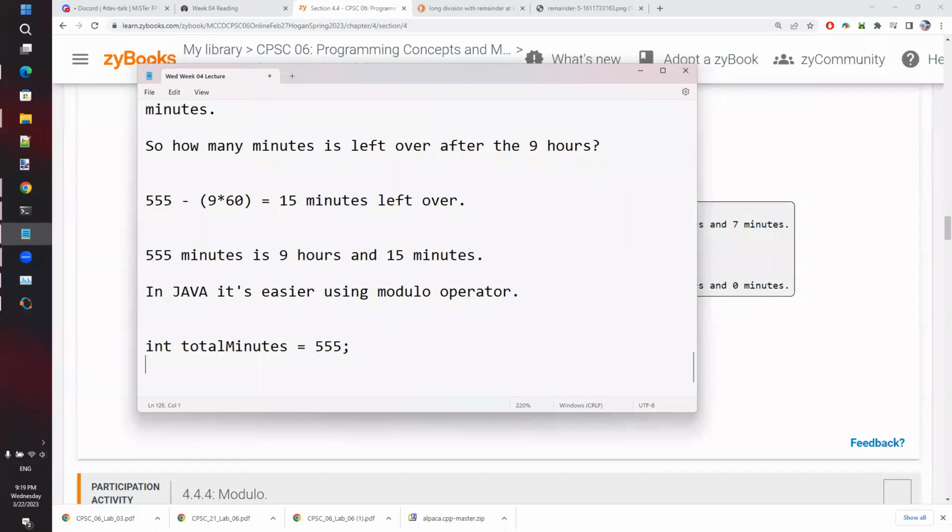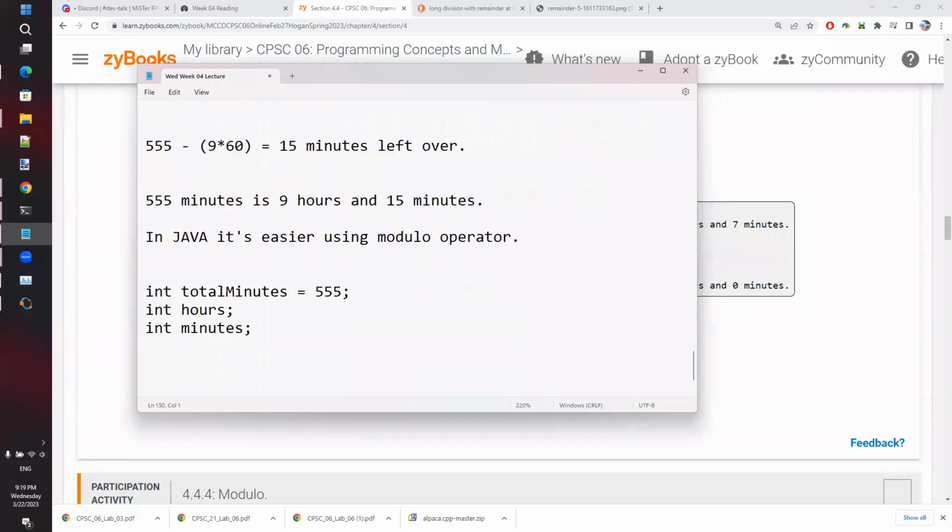Now, what I'm going to do is simply this. Let me just make two variables. I'm just going to call it hours and another one, I'm just going to call it minutes. Okay. So if I want to get this same answer, 9 hours and 15 minutes, here are the calculations I would have to do.